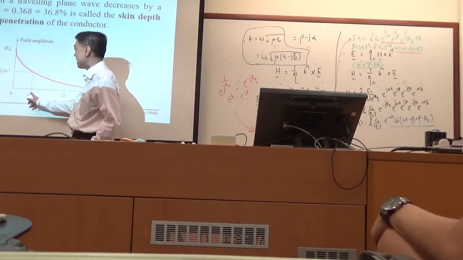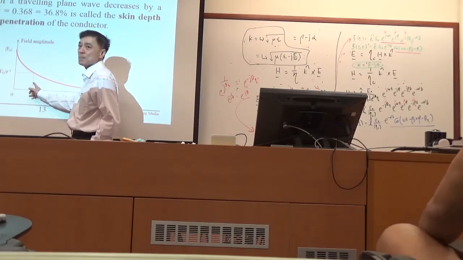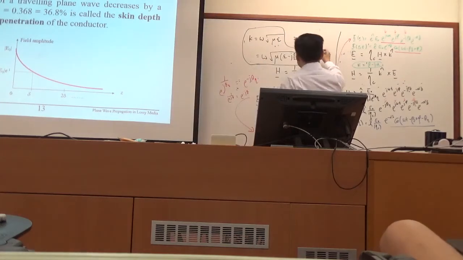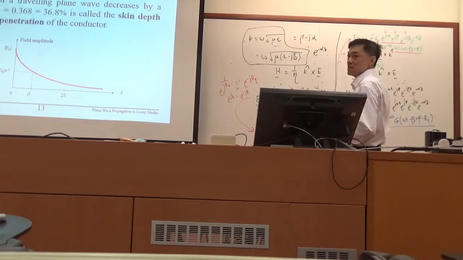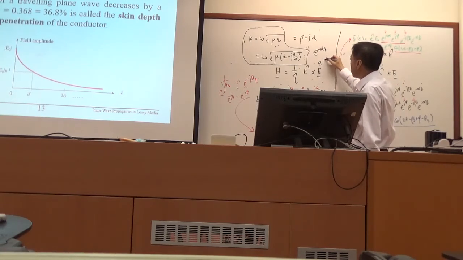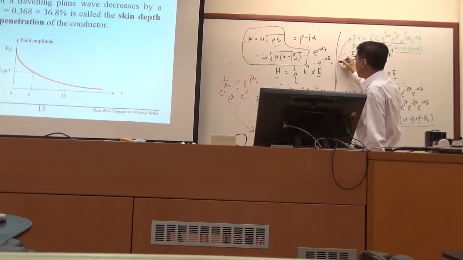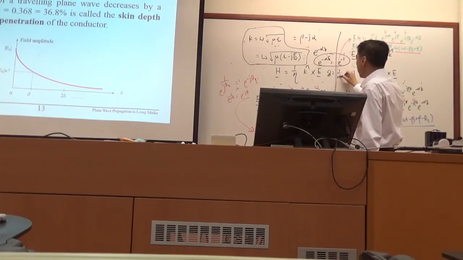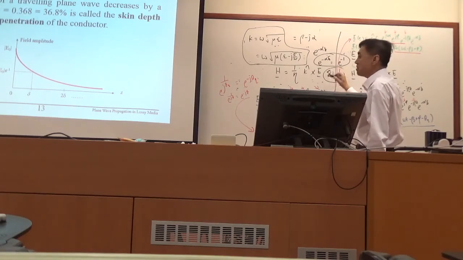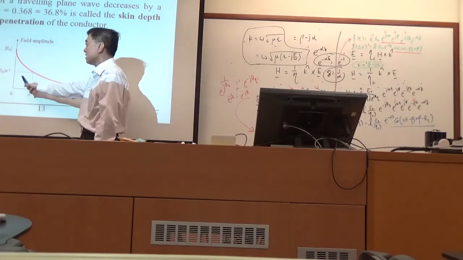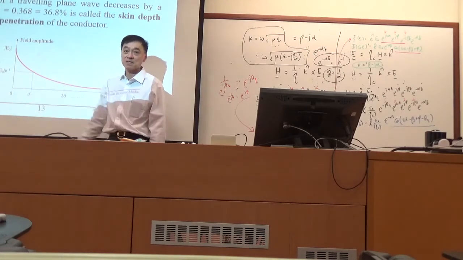So we say that at the skin depth delta, remember that attenuation is e to the minus alpha z. When e to the minus alpha delta is equal to e to the power of minus 1, or delta is equal to 1 over alpha, we say that at this point the decay is e to the minus 1.